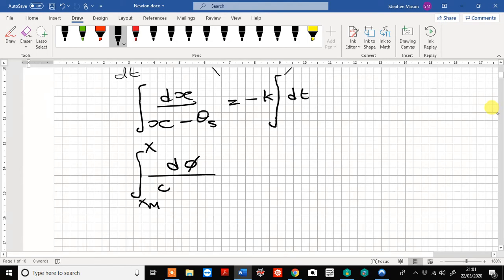So we've got d phi over phi minus theta s, and that is equal to minus k. And again, we're specifying that the time starts at time 0 minutes and runs to time t minutes. So we have to change the variable t to tau.